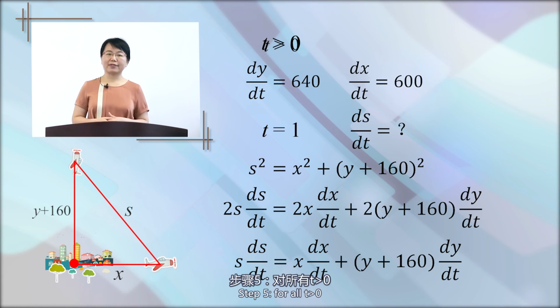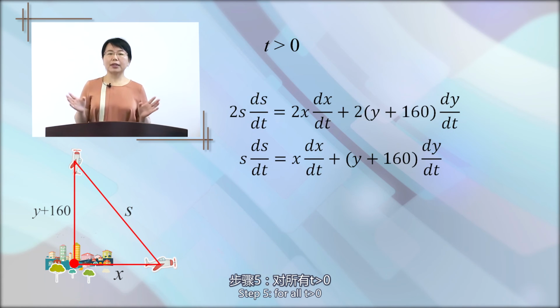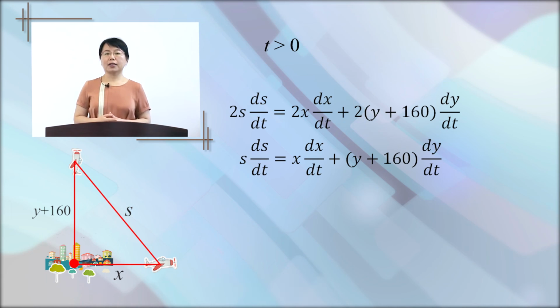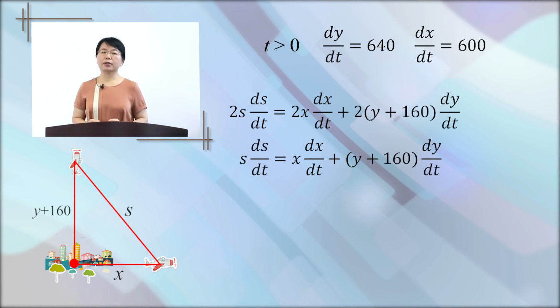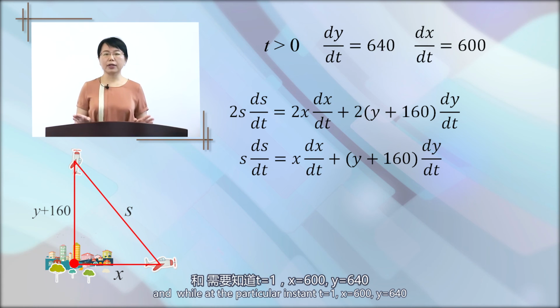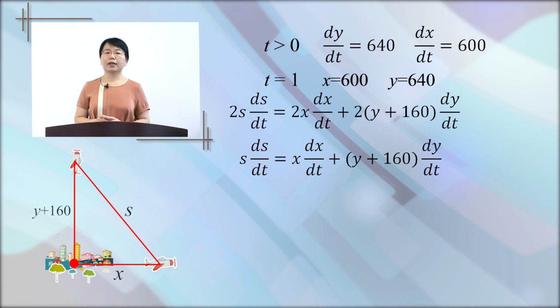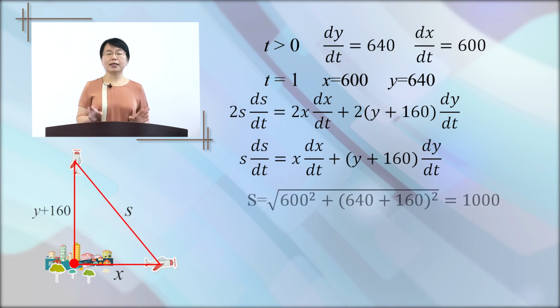Then step 5. For all t positive, dy/dt is 640 and dx/dt is 600. At the particular instant t equals 1, x equals 600, y equals 640, and s is this part, according to the Pythagorean theorem. So s is 1000.